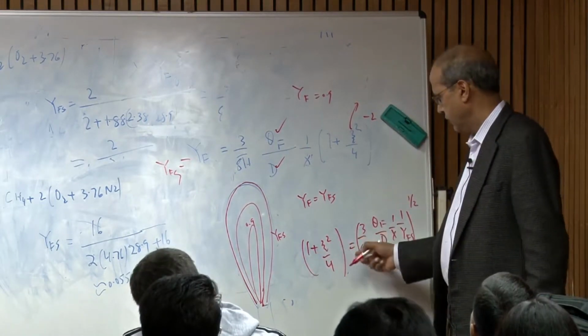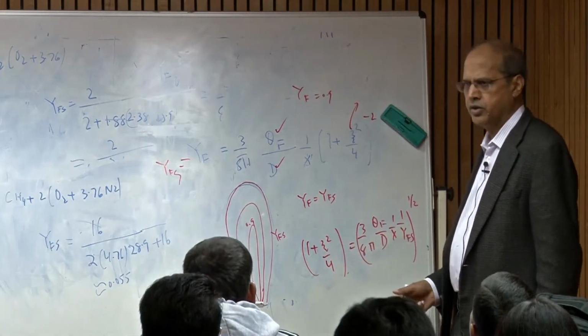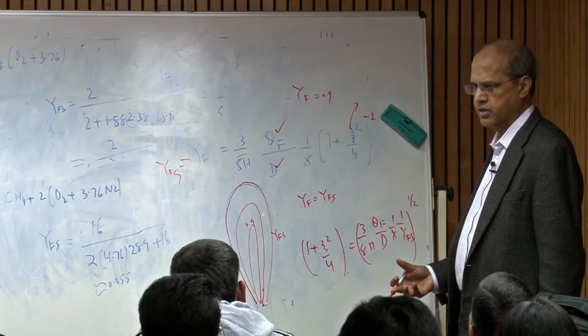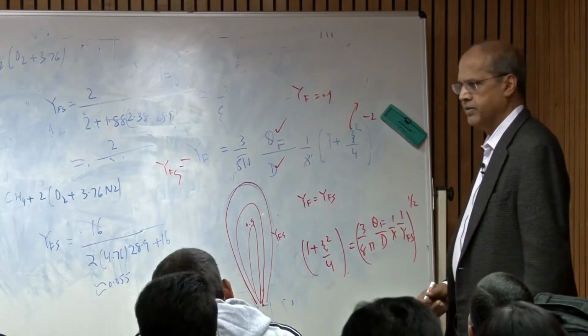Then you can take 1 to the other side and take the square root. So then you have a direct equation for R in terms of x.